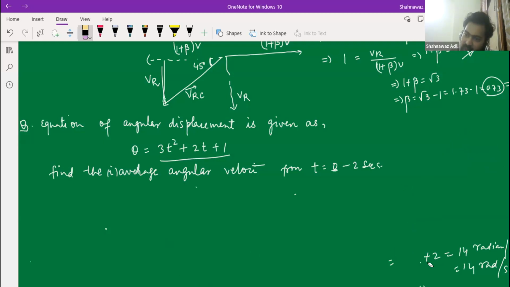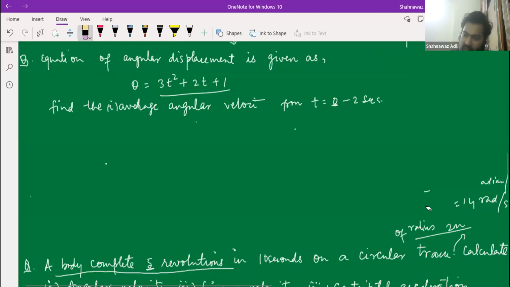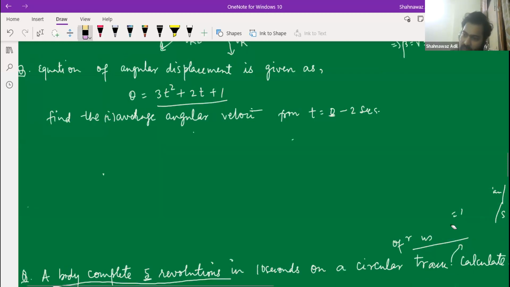So now we have this uniform circular motion, right? And this is not a uniform circular motion, but this is the angular dependency of theta on time.